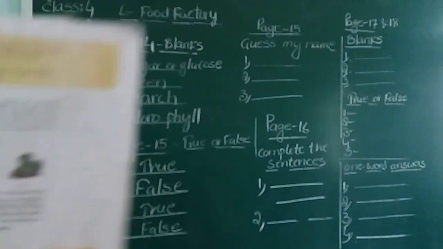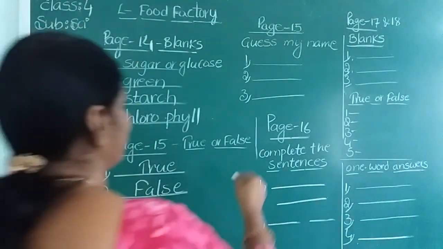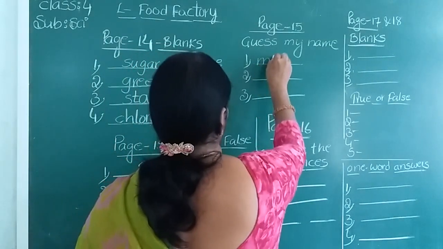Yes, it is the mushroom. A mushroom gets food from dead and decaying matter. It is a non-green plant and doesn't have chlorophyll. So the right answer is the mushroom.